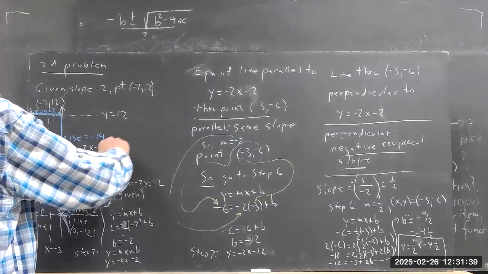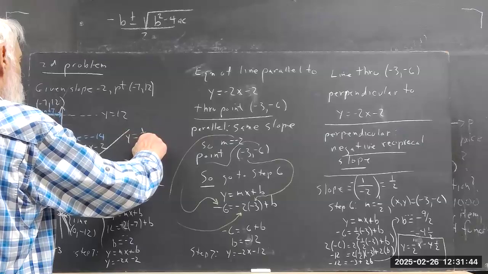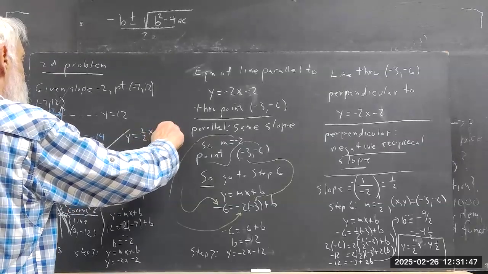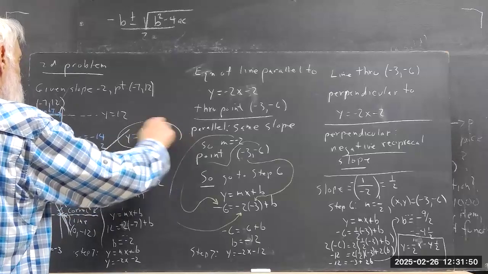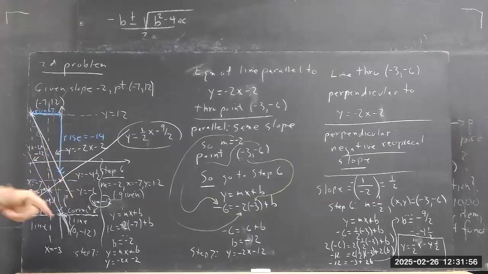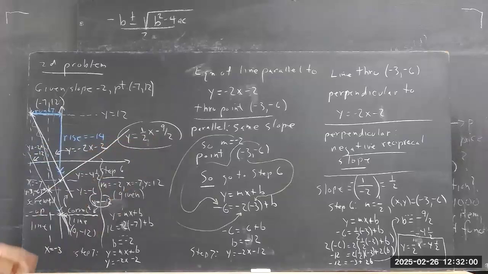Then I can extend this line and label it all the way out there. y equals 1/2 x minus 9/2. I use -4.5 because mixed numbers are easier to put on a graph. So I'm going to write it out this way. Okay, and that even looks kind of perpendicular.